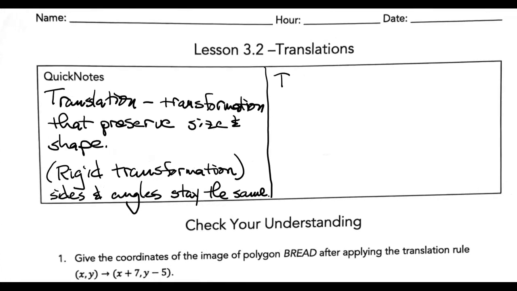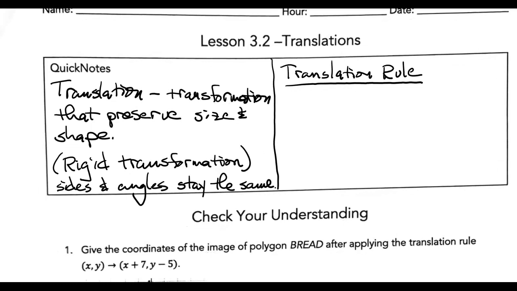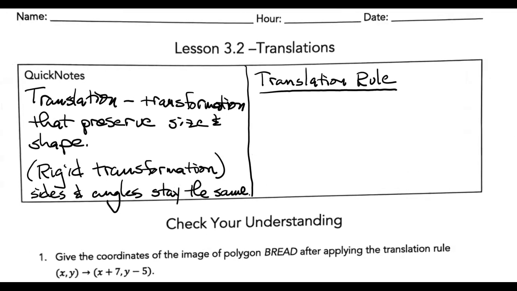Let's talk about translation rule. There's two ways we're going to do this. We're going to do it in terms of words, or we're going to have a rule. Okay, so let's talk about the rule in symbols, and then when we look at the examples, we'll look at both.